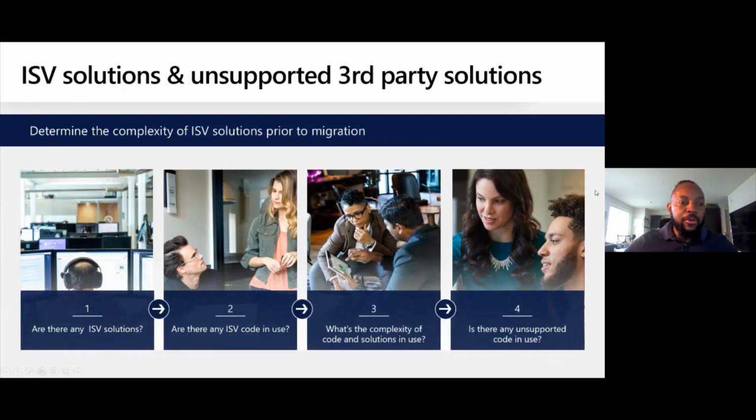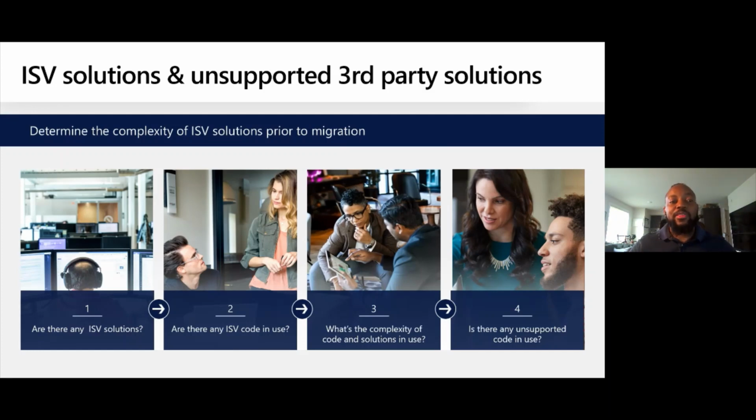All right, so the other key things that we see that are very important: ISV solutions and unsupported third-party solutions. Now, keep in mind, when you're using on-premise to online migration, the advantage is we pick up all your solutions, managed or unmanaged. We can just move them, and everything is fine in terms of that.